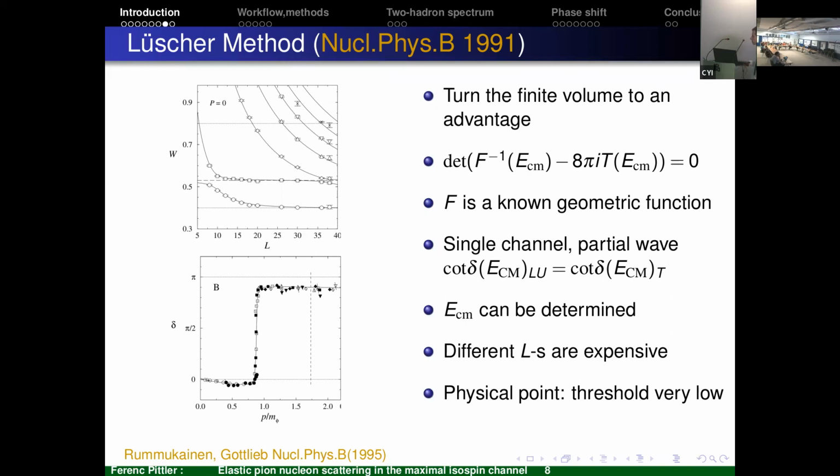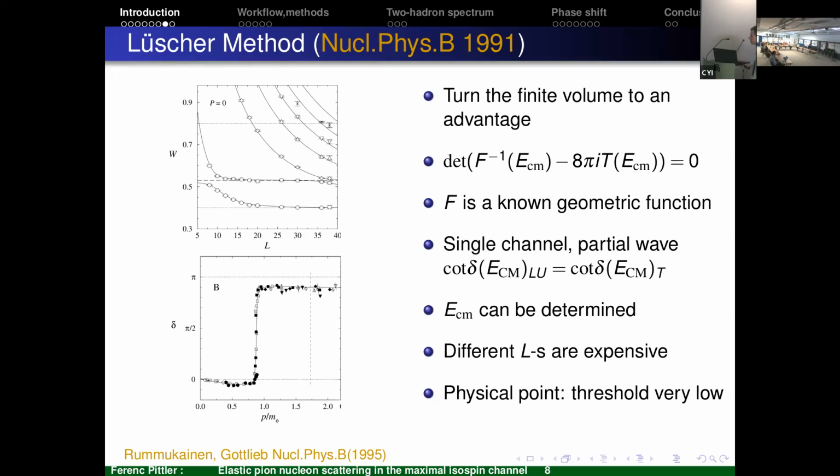And if you know this phase shift as a function of the center of mass energy, then you have information about the scattering amplitude. This is what makes us happy about studying resonances. So basically, from the two-particle spectrum you can calculate the phase shift, and from the phase shift you can get information on how this scattering amplitude will look.